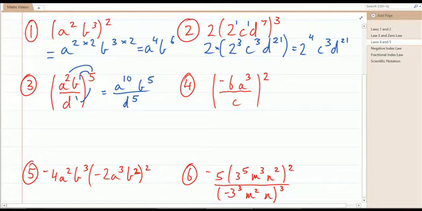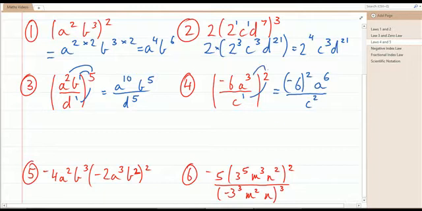Alright, a little tricky this one again. I'm just going to write it out as, because we've got -6, this can be a little confusing. So -6, we're really squaring that whole value. And then a to the power 6 over c to the power 2, 1 times 2 being 2, and 3 times 2 being 6.